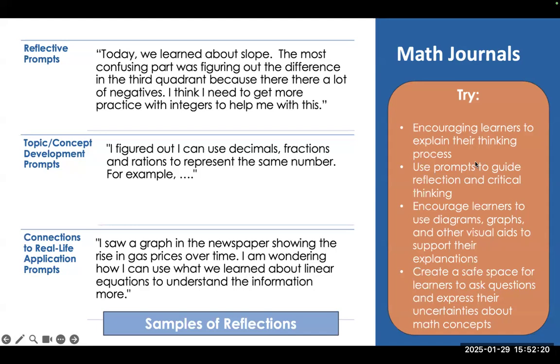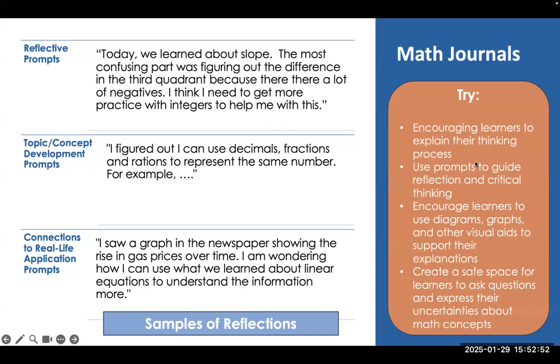An example of a connection to real life is: I saw a graph in the newspaper showing the rise in gas prices over time. I'm wondering how I can use what we learned about linear equations to understand the information more. So that's an invitation for an inquiry, making a connection to a real world experience, and then having them practice the concept at hand, which enables them to hold on to meaning.